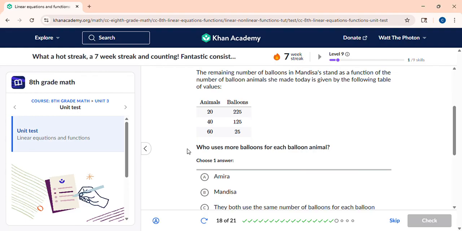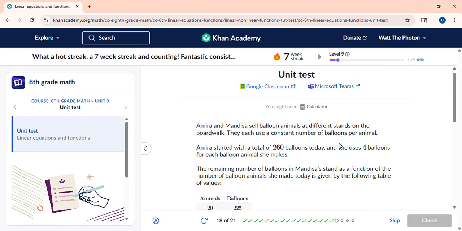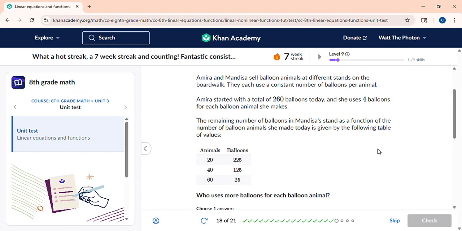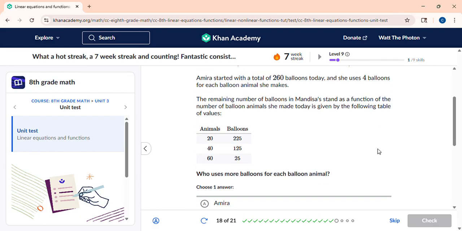So, for 20 animals, Amir uses 4 balloons per animal. The remaining number of balloons is found in the table.